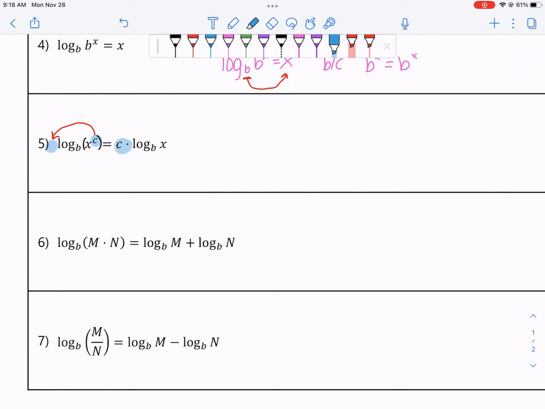This is really cool. All right, this is super cool. Let's do an explanation of this. Let's say we have log base 3 of x raised to the 7.